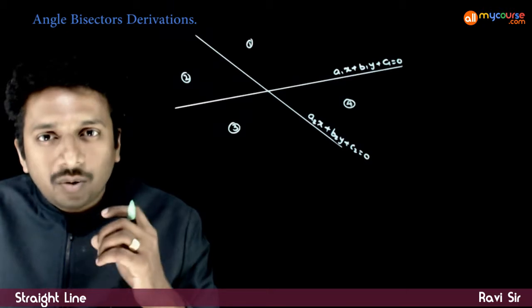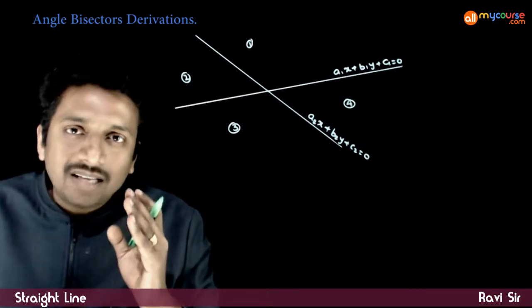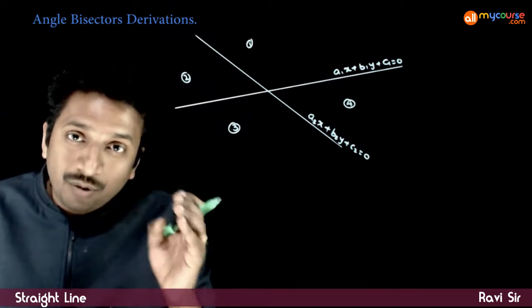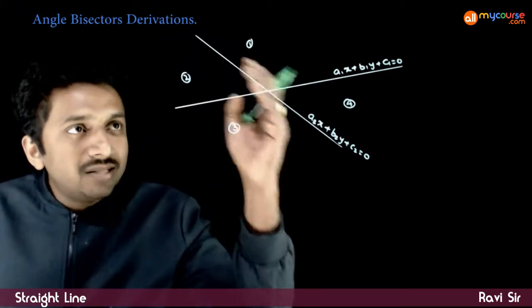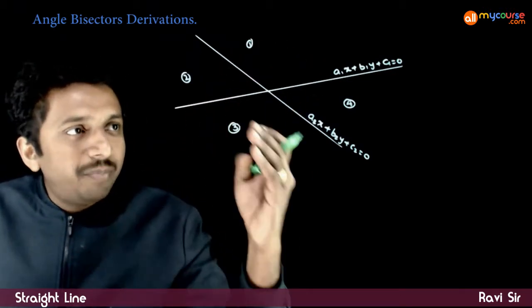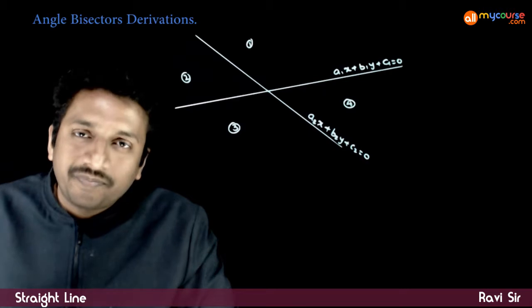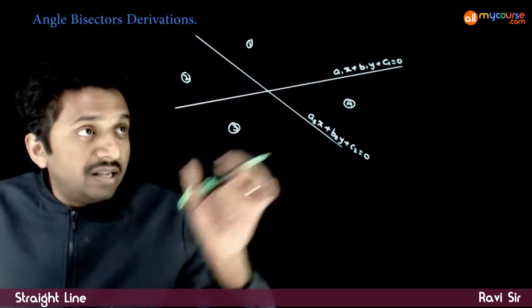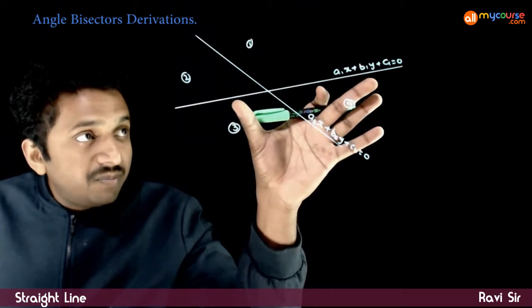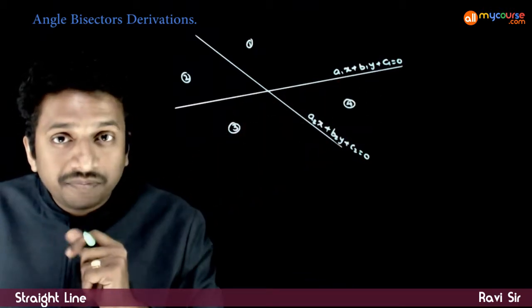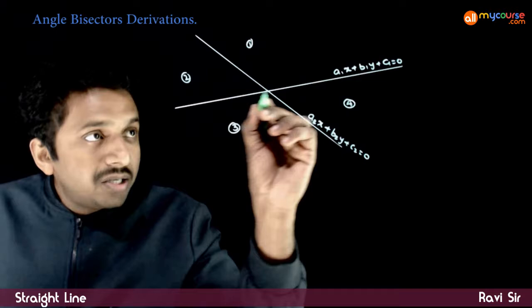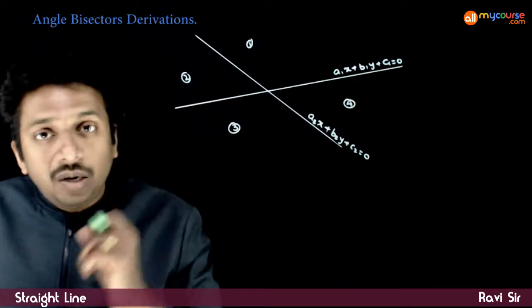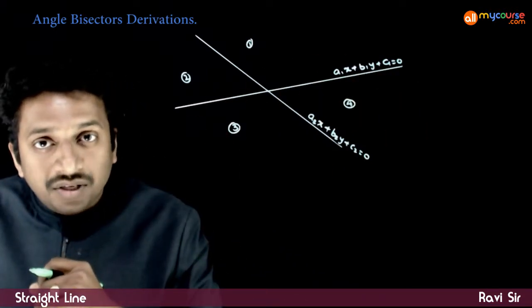Similar to the xy axes dividing the xy plane into four quadrants, any two lines for that matter divide the plane into four parts. Now, as we have already seen, if you take the line a1x plus b1y plus c1 is equal to 0, all the points on this line satisfy the equality equal to 0.